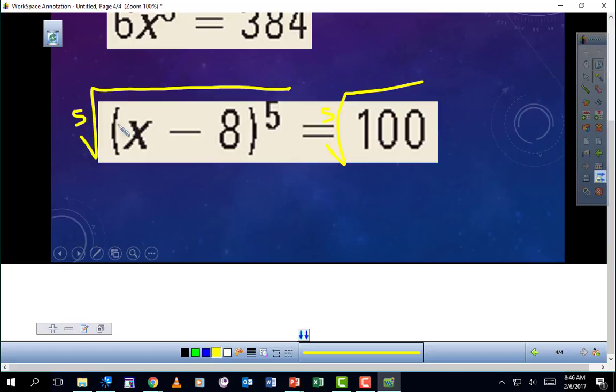Remember, the 5th root cancels off something that's to the 5th power. So in this case, this would cancel off that. And look how nice this equation has become. Now we have x minus 8. Now, this portion over here, we would have to do in our calculator. And so we do the fifth root using our calculator, and hopefully you could try it also in your calculator and see if you get the same answer I get.